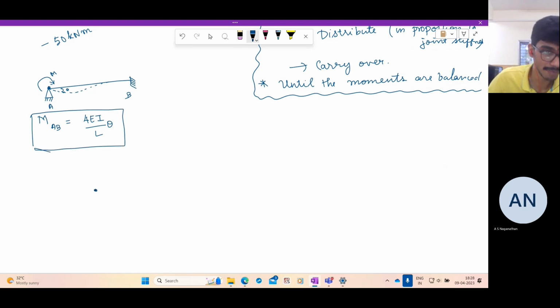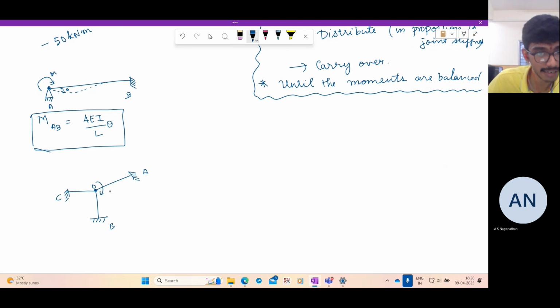Now suppose we had multiple members connecting to a joint. The joint rotates only by theta. That is compatibility. Let me call the joint O, and the members OA, OB, and OC.